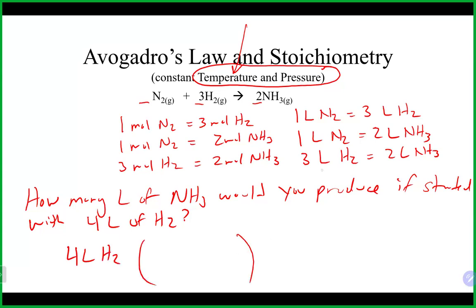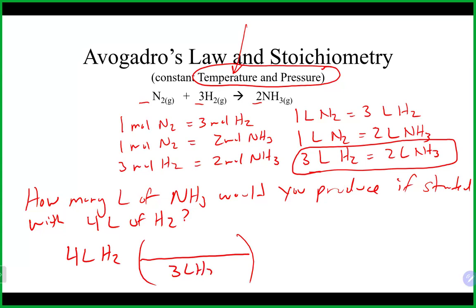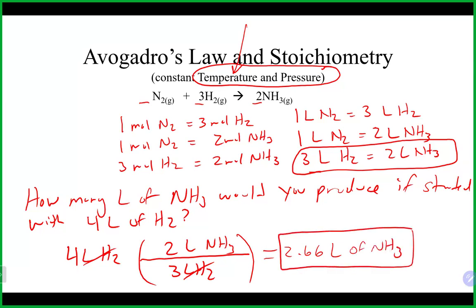You would do the liter-to-liter relationship between H2 and the product. For every 3 liters of H2, I get 2 liters of NH3. The liters of H2 would cancel. That's going to essentially give you 8 divided by 3, and that's going to give you, in this case, that you would produce 2.66 liters of NH3.